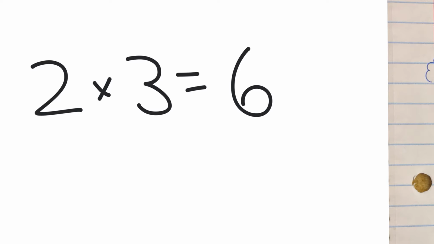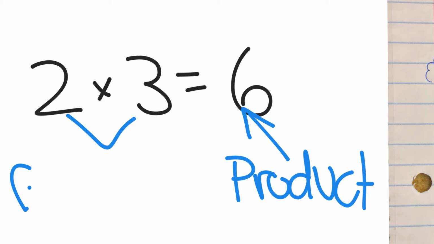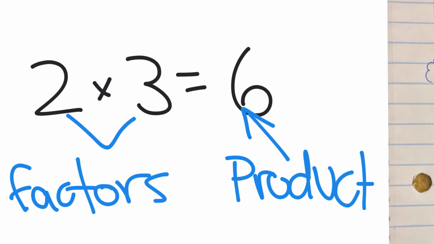So if we've got a simple multiplication problem over here, let's say we've got 2 times 3 equals 6, okay? 6 is your product, and the 2 and 3 are examples of factors because those are the things you're multiplying together.